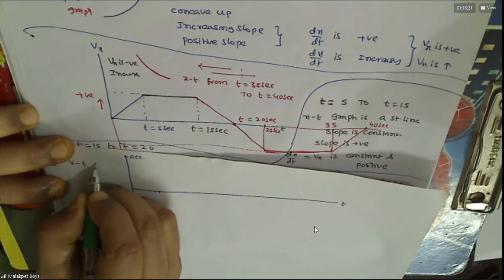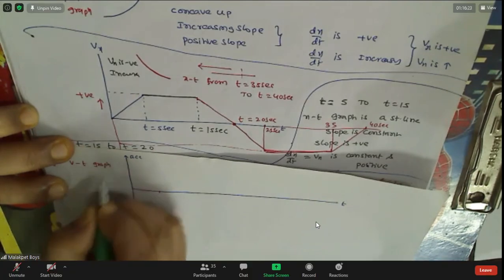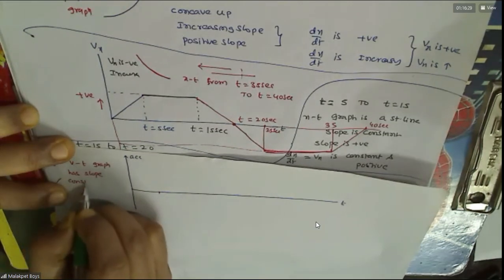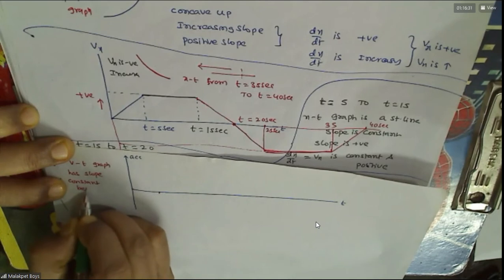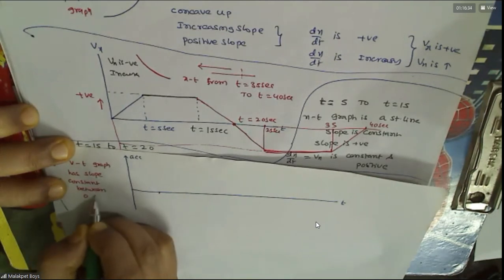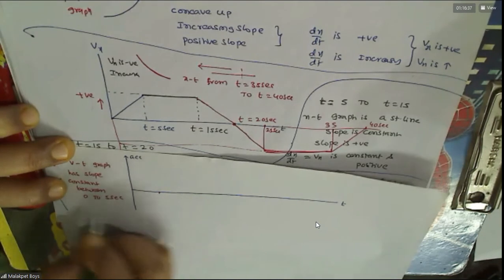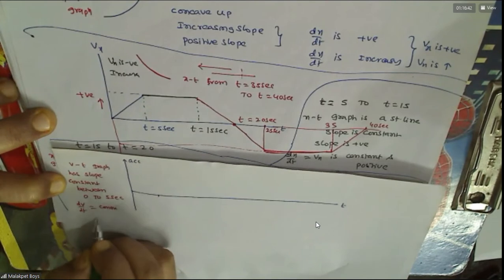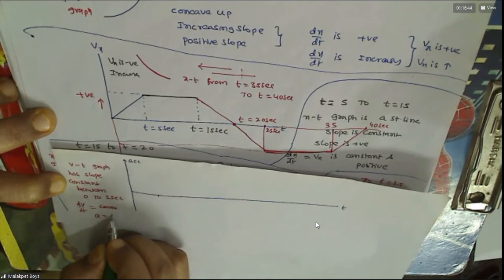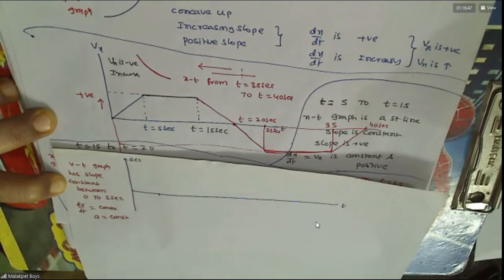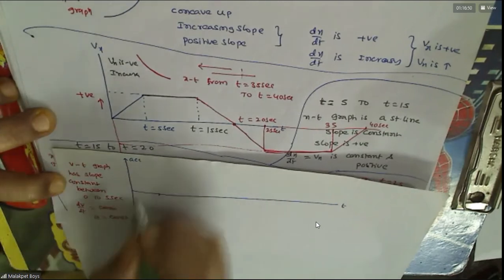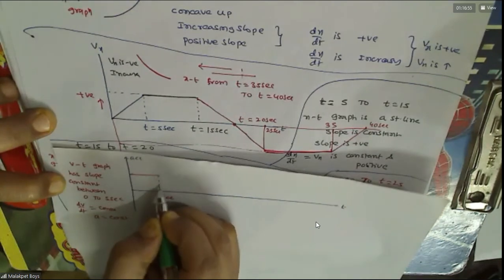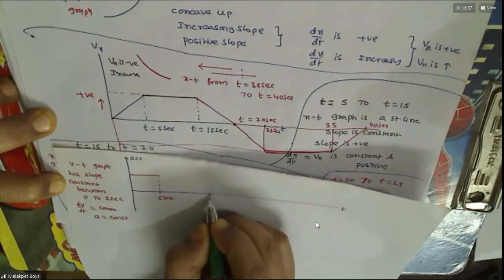The vt graph has constant slope between what? 0 to 5 seconds. That means dv by dt is constant now. That means acceleration is constant or not? Constant, sir. So till 5 seconds acceleration is constant. Again, up to 15 seconds, what is the slope?